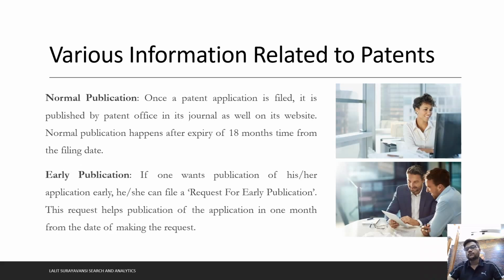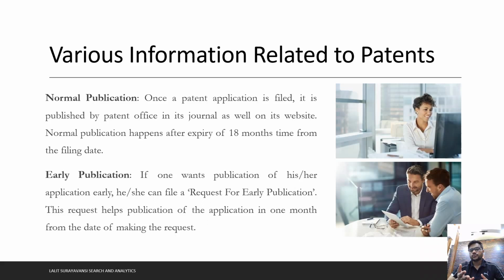Publication. Once you file a patent application, there are two kinds of publication. One is normal or generic publication, where the patent office publishes a patent application after 18 months. So after 18 months from your filing date, publication happens on the website of the patent office.